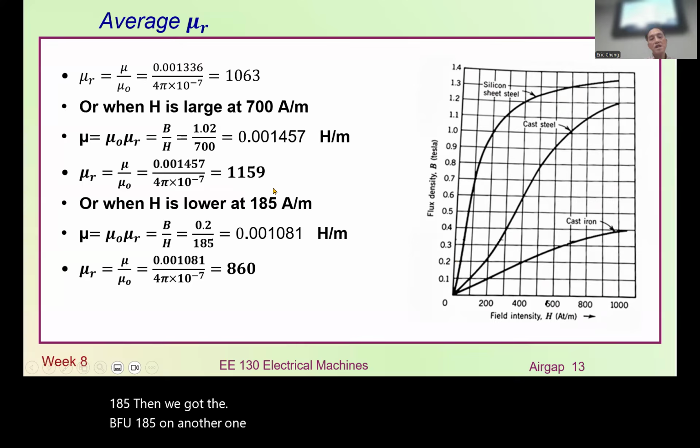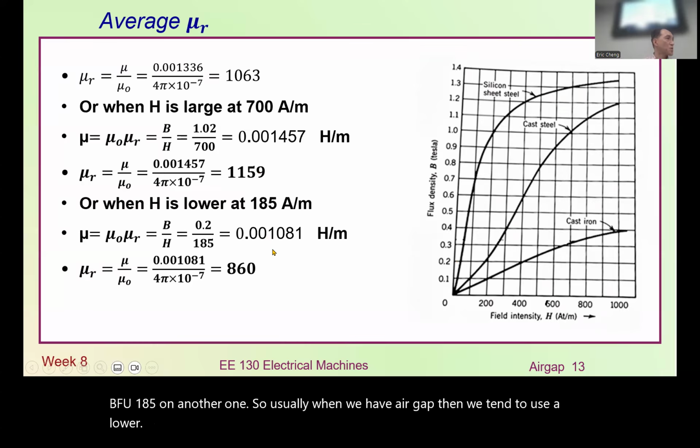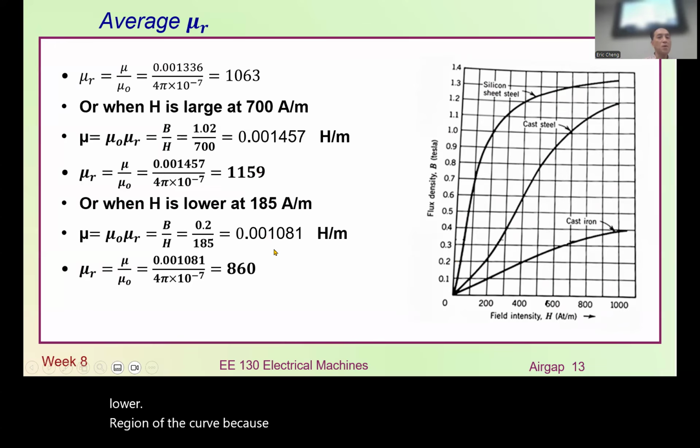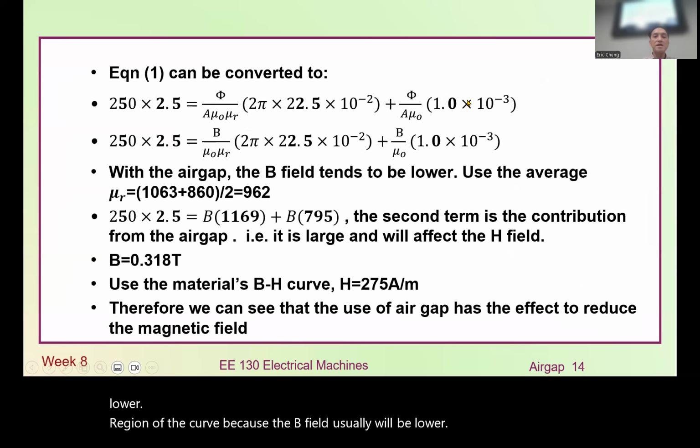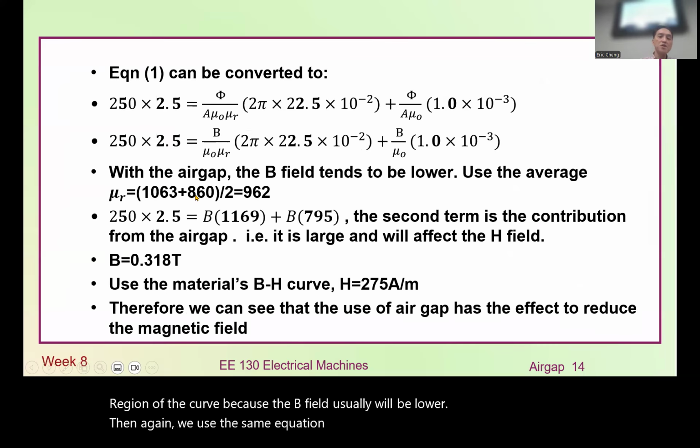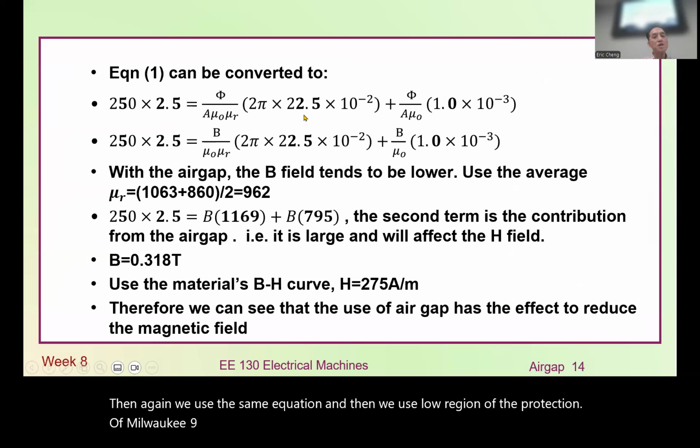Usually when we have an air gap, we tend to use the lower region of the curve because the B field will usually be lower. Then again we use the same equation and the lower-region prediction of mu r, 962. We do the calculation again, then the B field will be 0.3, and the associated H field will be 275.